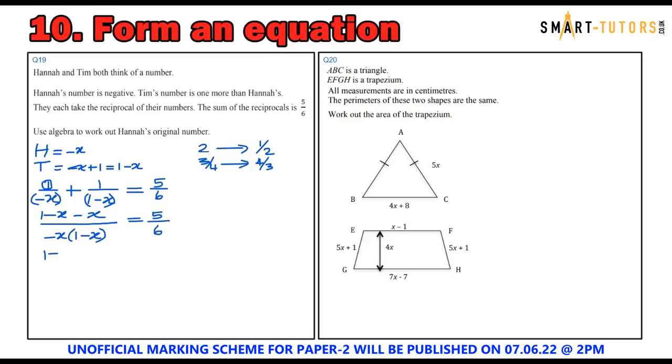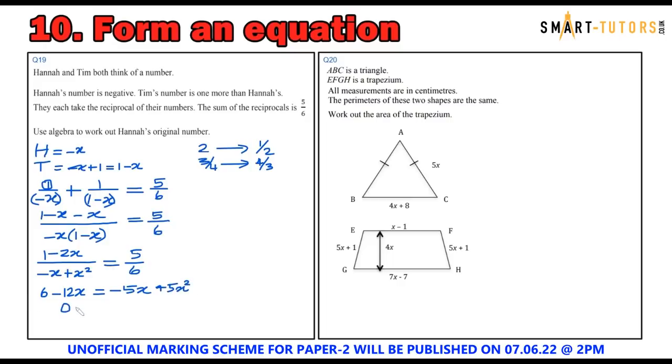So 1 minus 2x over minus x plus x squared equals 5 over 6. Cross multiply: 6 times 1 is 6, 6 times 2x is 12x, equal to 5 times minus x, which is minus 5x, plus 5x squared.